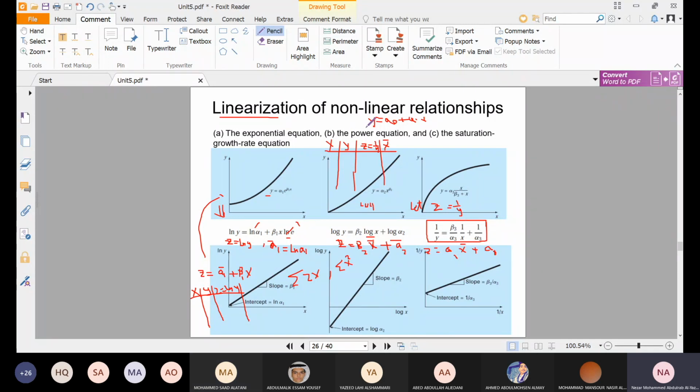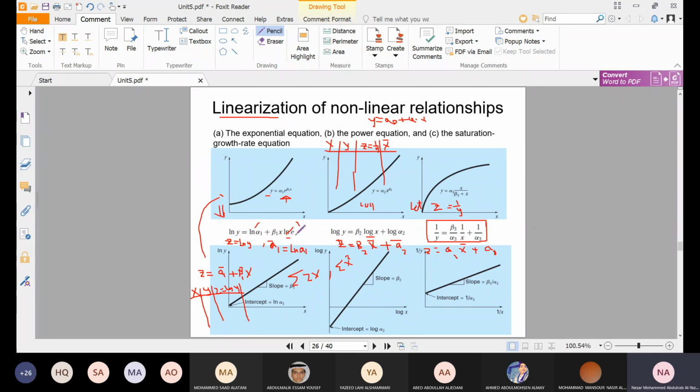We want to represent the equation in a linear form. For example, here you have ln, and here I have y and this is exponential. So what we want to do is apply the anti-exponential, which is ln. Apply ln on both sides, so in this case I represent this as a linear function.